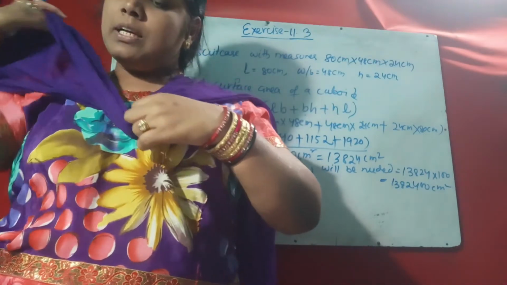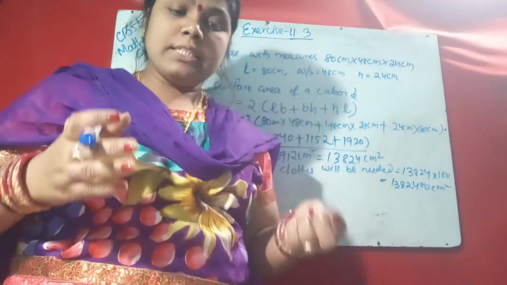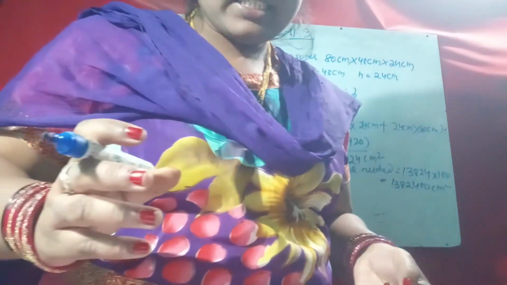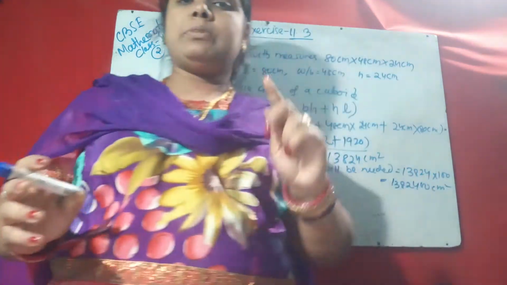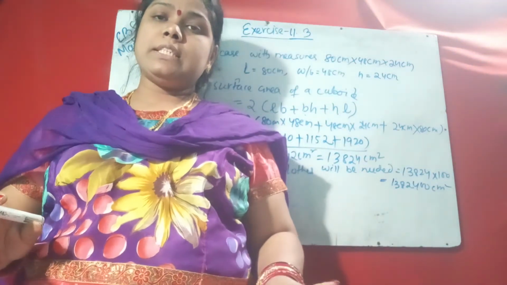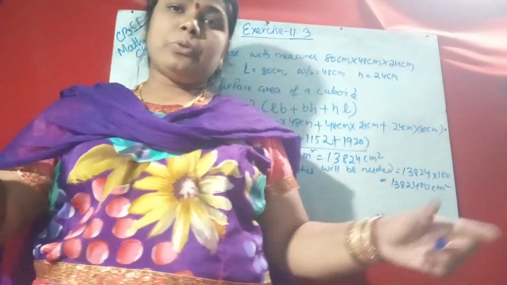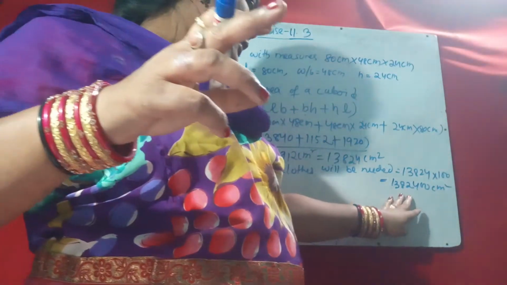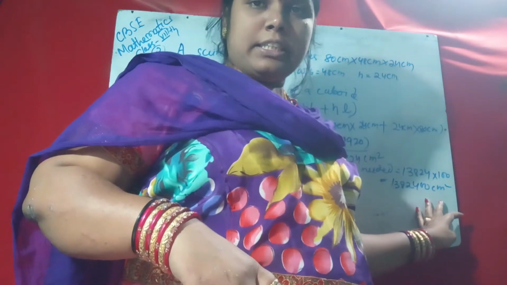But here it is asked how many meters of cloth with width 96 centimeter is needed. So the width is given and you find out the length. The total surface area for 100 suitcases is this much, so you divide it by 96 centimeter.